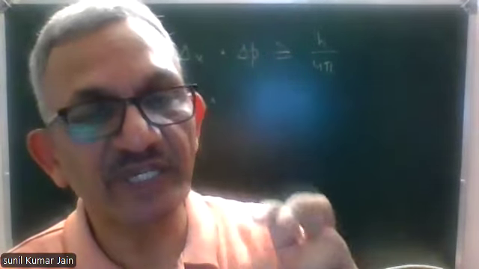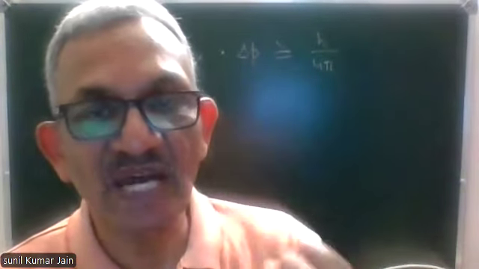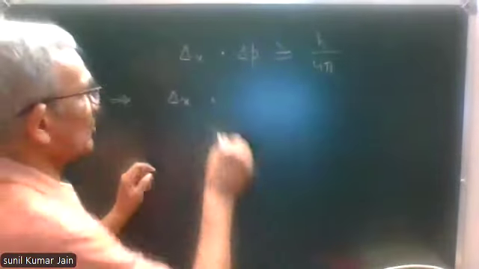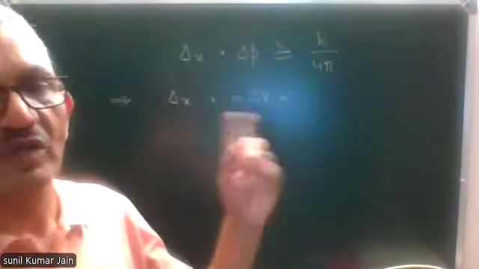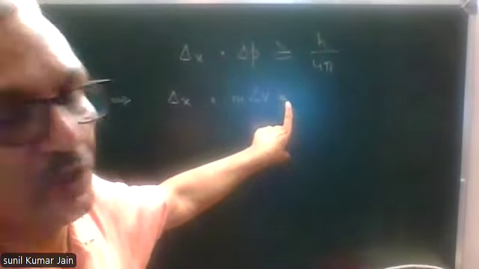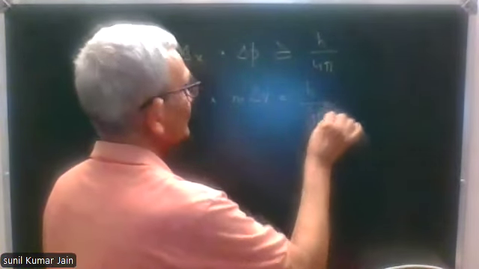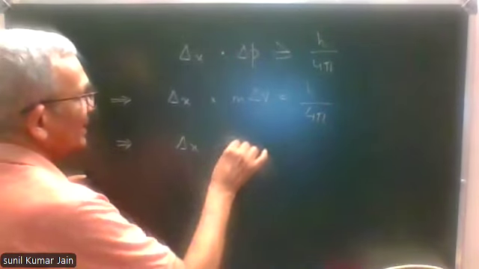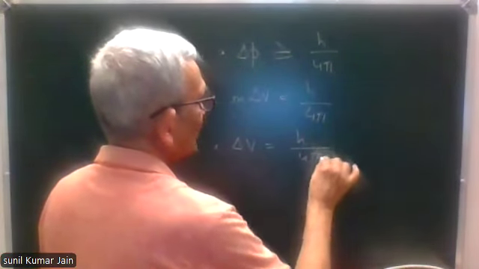There may be an error in the velocity determination, but we can determine the exact mass of the particle even when the particle is stationary. So m will be constant into delta v, which will always be the calculated minimum value. That is why I've taken equal to h by 4 pi. Or I can say delta x into delta v is equal to h by 4 pi m.